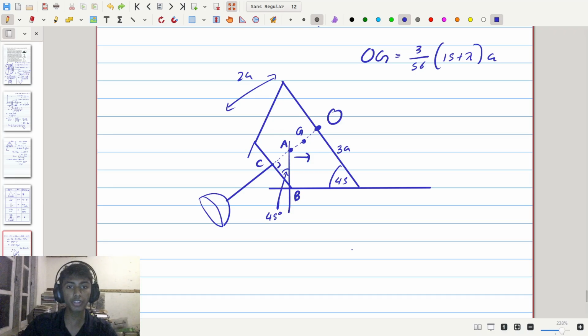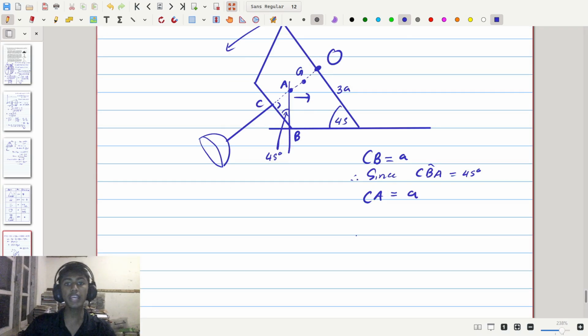Since if this was continuing like this to make a complete cone, then the total cone radius here would be a. So therefore we know that CB is equal to a, and therefore we can say, since the angle CBA is equal to 45 degrees, the tangent of the angle is going to be equal to 1, and therefore CA is also equal to a.